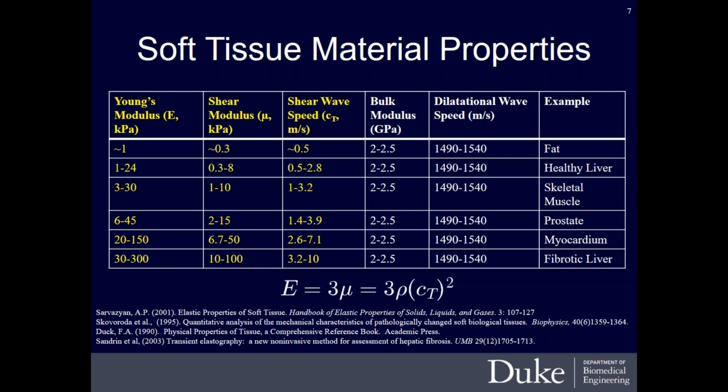Now I want to contrast that with some of the typical material properties that an ultrasound B-mode imaging system would take advantage of to make a picture, which would be the bulk modulus of the material or the dilatational wave speed, or effectively the compressibility of the tissue. If you look at that, you'll see that the bulk modulus and dilatational wave speeds for all of these tissues and disease states are in the same ballpark and order of magnitude of each other.